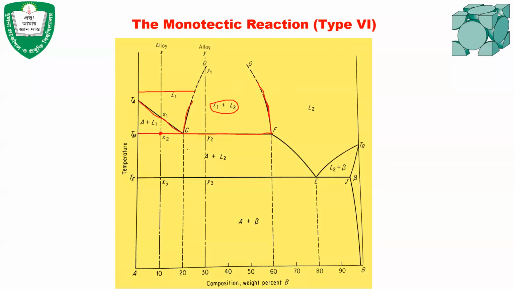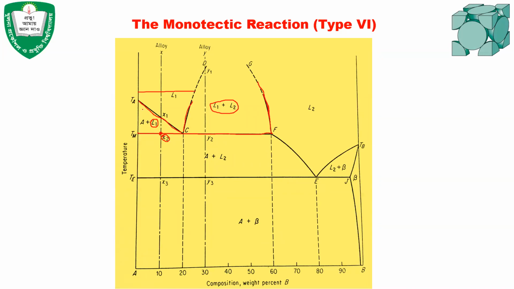Okay, so when the temperature drops to temperature X2, the monotectic reaction takes place. After the monotectic reaction, the liquid 1 that was present before will convert into solid A and liquid 2.